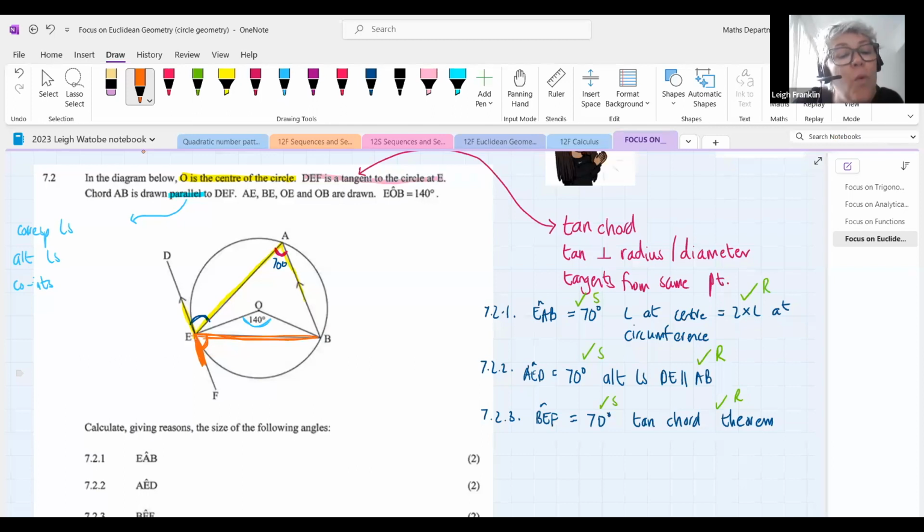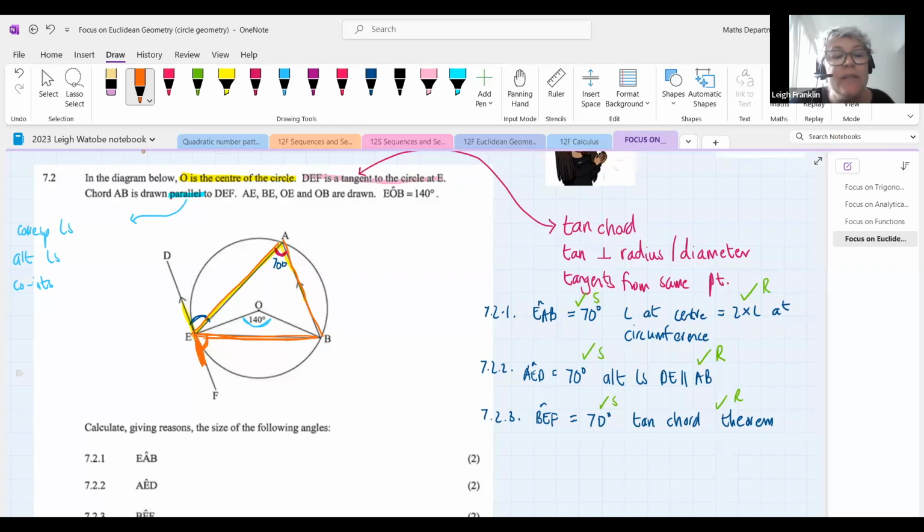Okay, so that's why angle BEF is the angle between the tangent and the chord. So essentially what you are doing is you are putting your fingers at E and B, and then you are following the lines to the circle. Okay, so we're following these lines to the circle now, going over those yellow parallel lines. Okay, and A is the angle in the alternate segment, so the other segment.